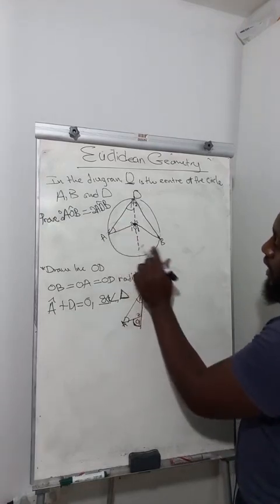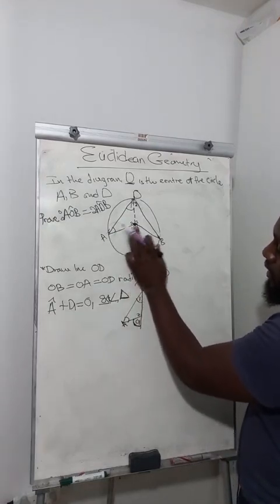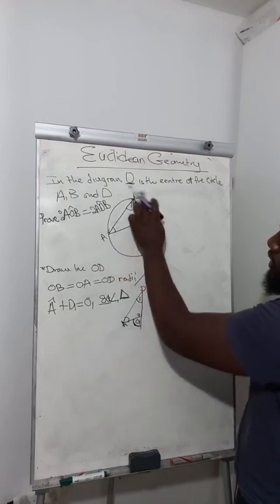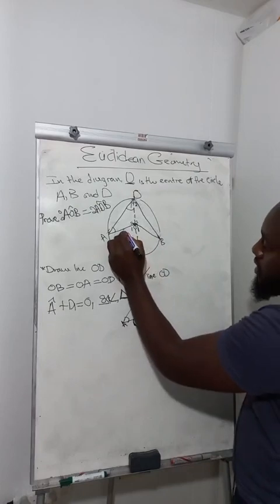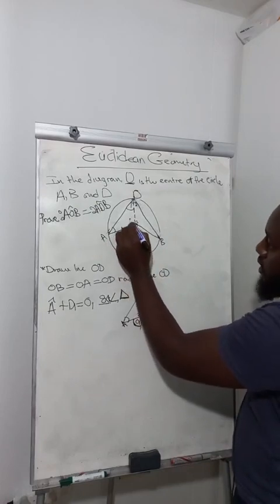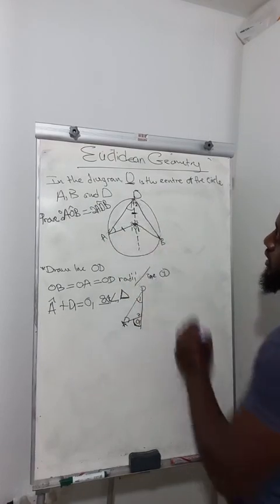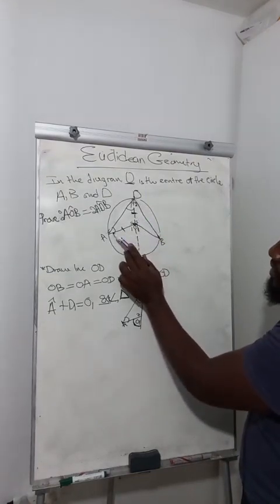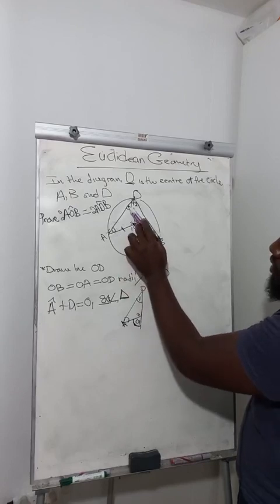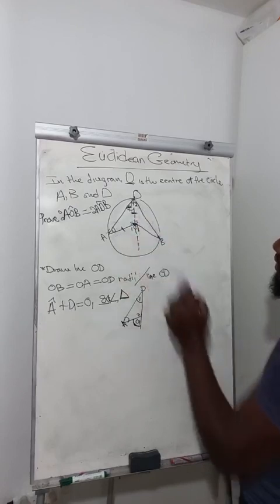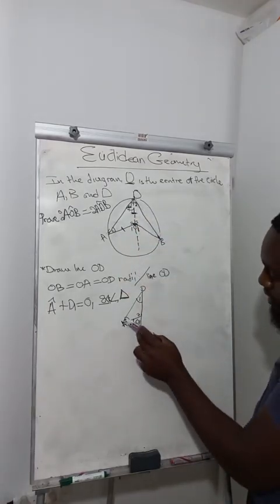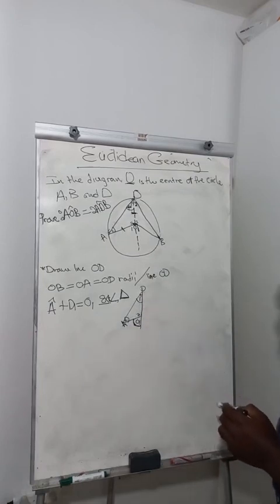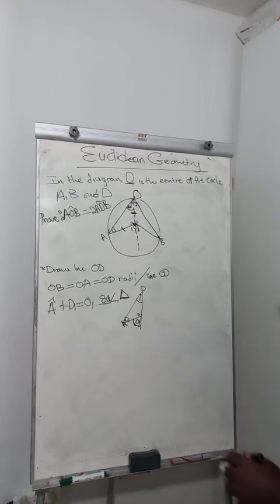Like I said, these are radii. It means OA is a radius and also OD is a radius. So you can say this side here is equal to this side there. If this side is equal to this side, it means this angle here is equivalent to that angle there. So this A here and this D there are equal.